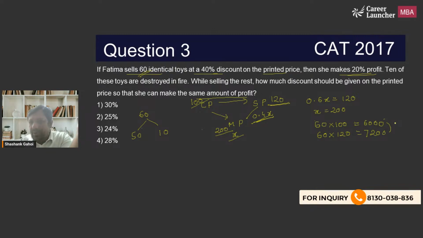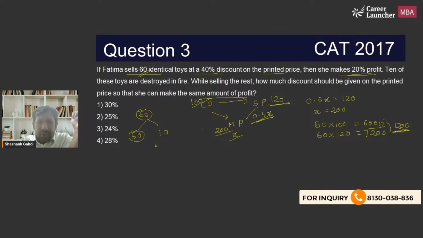We are talking about a profit amount of 1,200. Okay. So this is what we know. Now what happened? Now cost is still 6,000, right? She needs to get a profit of 1,200, but she is unable to sell 60. She needs to sell only 50 toys because 10 are burnt.